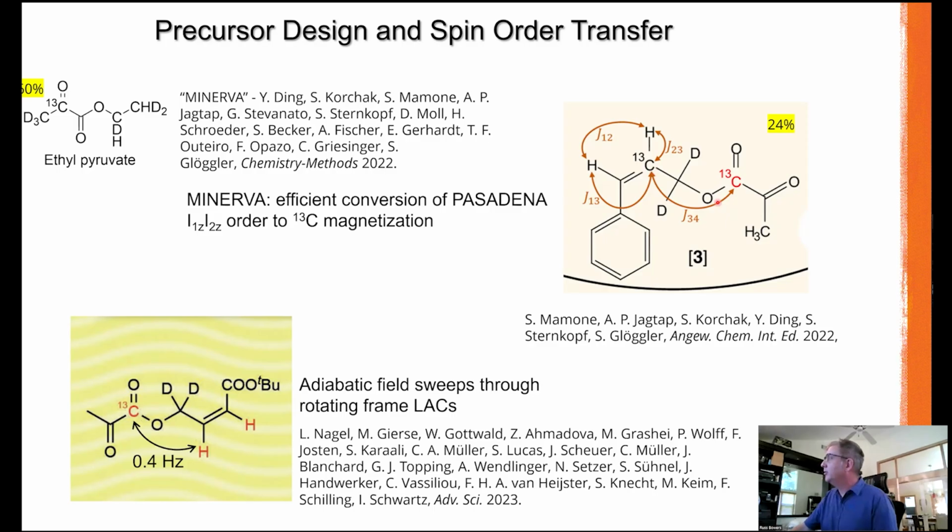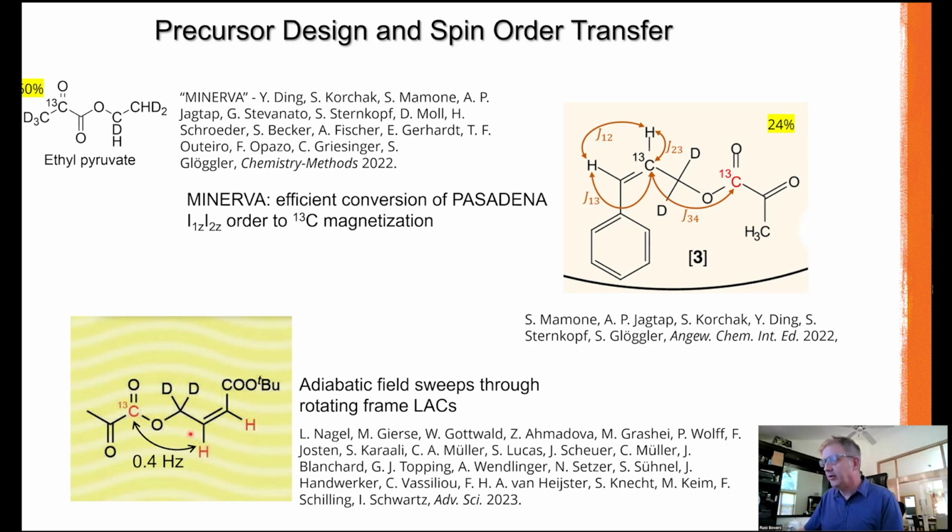That requires two carbon-13 labels in the same precursor. However, it can be done even without this intervening carbon-13. One can simply use the long distance J coupling between the carbonyl carbon-13 and parahydrogen proton in this propargylic ester here.